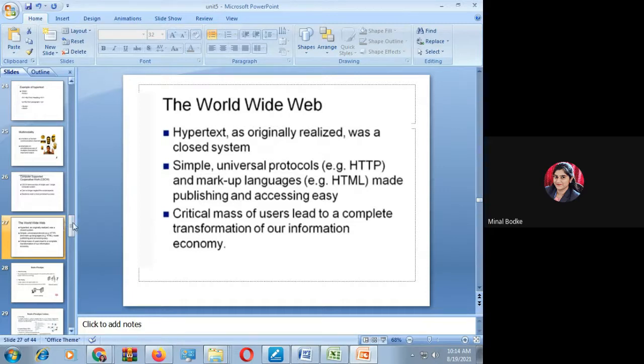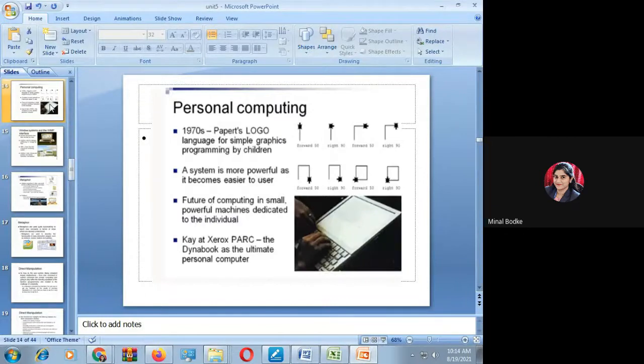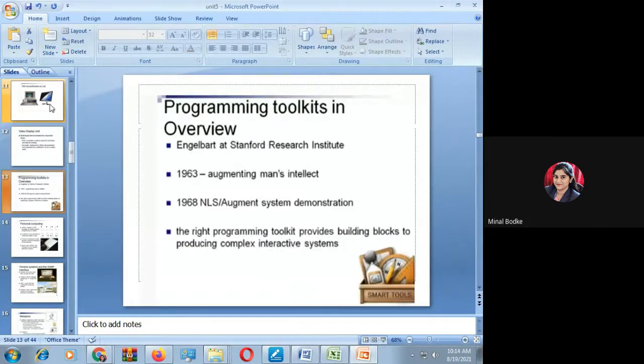So what were the versions of interaction? First was batch processing, where the interaction between the computer and user lagged. Second, time sharing, with multiple users and a single computer. Next came video display, where interaction increased compared to time sharing. Then the programming toolkit, where more interactive interfaces were developed.